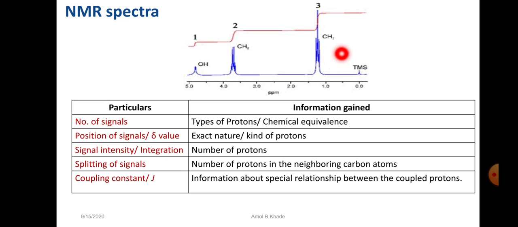For example, in this case the CH3 has been split into a triplet. So there are 3 lines. This splitting of the signal is based on the number of protons on the neighboring carbon atom. Here the neighboring carbon atom is CH2, which has 2 protons. So n is 2, so it will be 2 plus 1, and this is going to split into a triplet.